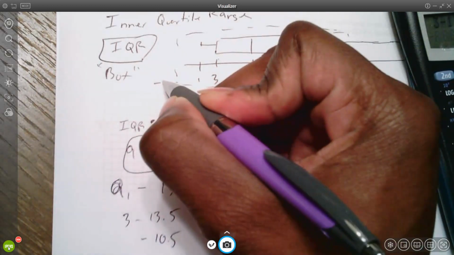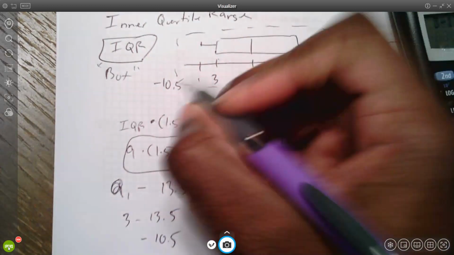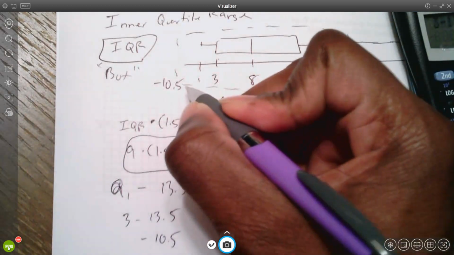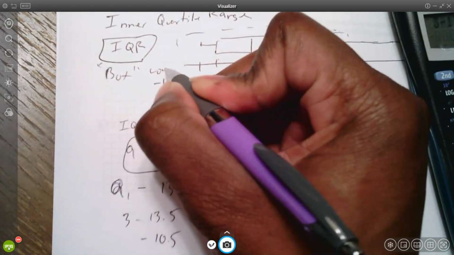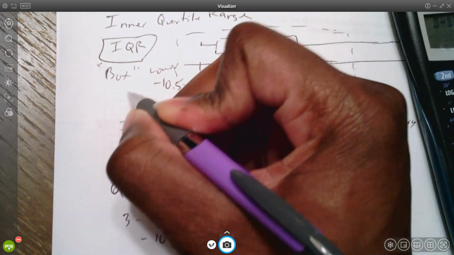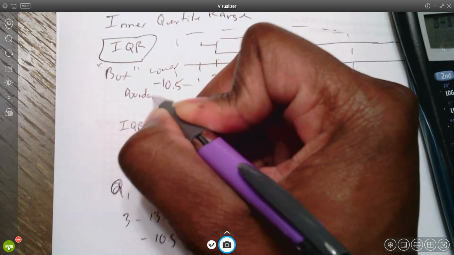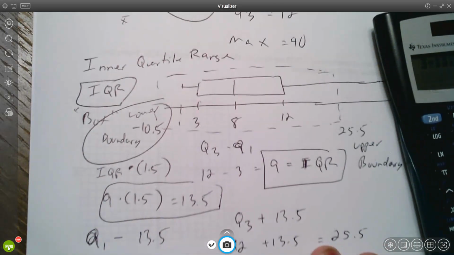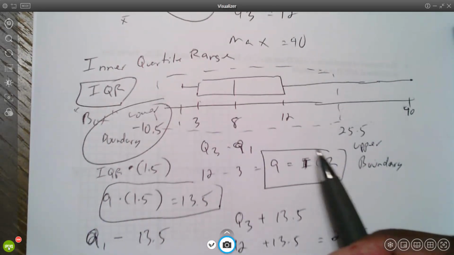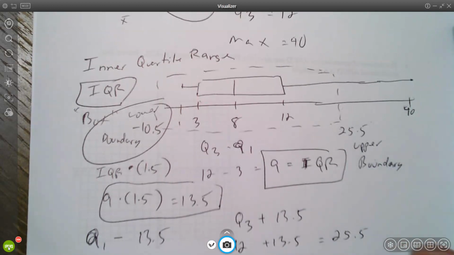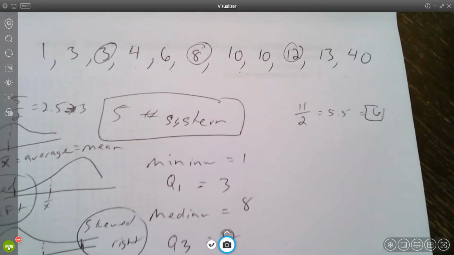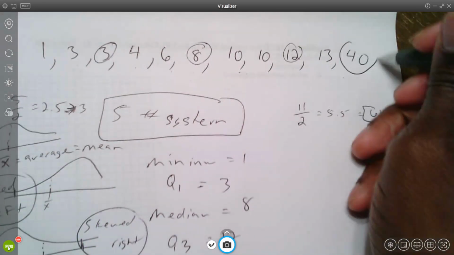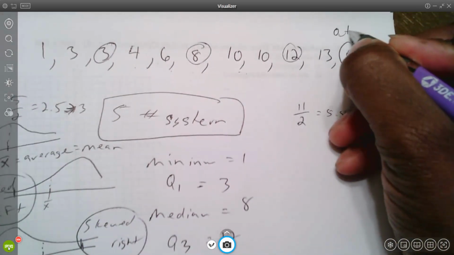So on the low end, it could be no lower than negative 10.5. So this is our lower boundary. We can't have any numbers in this data set that are lower than negative 10.5 or higher than 25.5, or else we note that as an outlier, as in it's not true for most of the data. So this I'm going to label as an outlier.